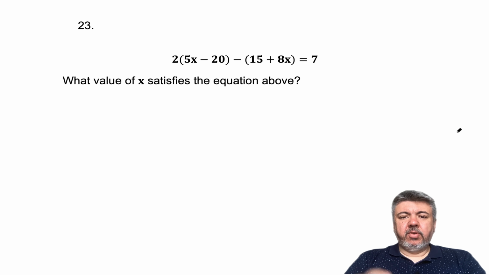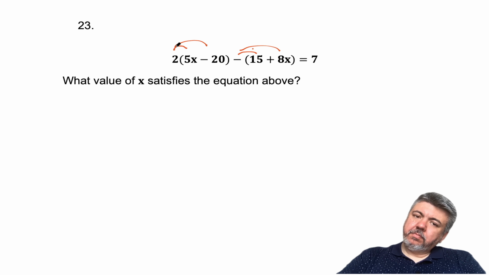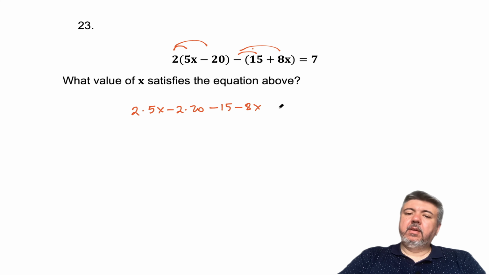Question 23. Okay, we can work on it. Just expand the parentheses. Be careful with expanding negatives here. It's like 2 times 5x minus 2 times 20 minus 15 minus 8x, right, equals 7.